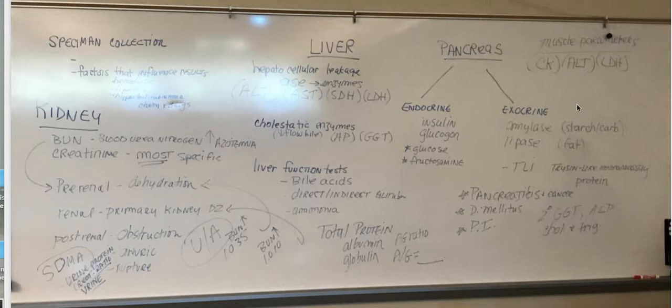Exocrine function: those are our exocrine enzymes that break down the macronutrients such as starch and fat into micronutrients so the body can absorb them. The first one I have listed here is amylase, which breaks down starches and carbs, and lipase, which breaks down fat.